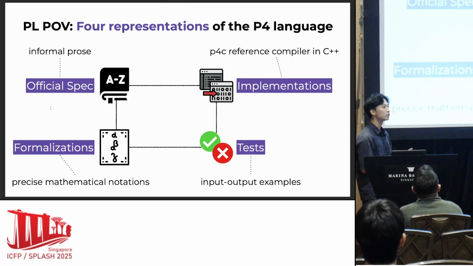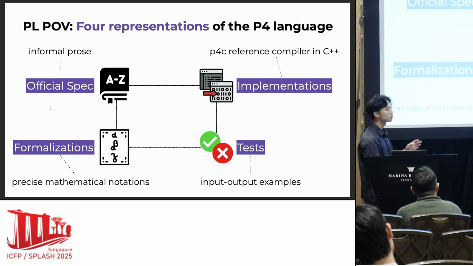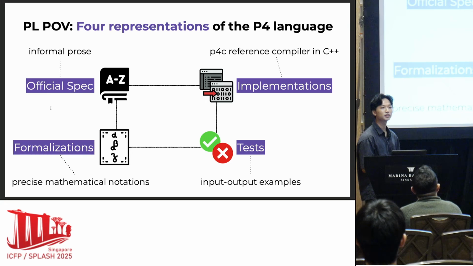Now, viewing P4 from a programming language point of view, we identify four main representations of its syntax and semantics: the official spec, implementations, tests, and formalizations. The official P4 spec is an informal prose description of the syntax and semantics of P4.